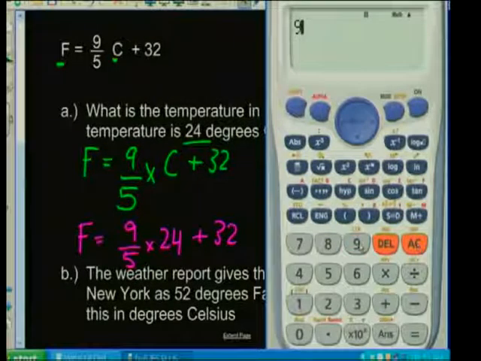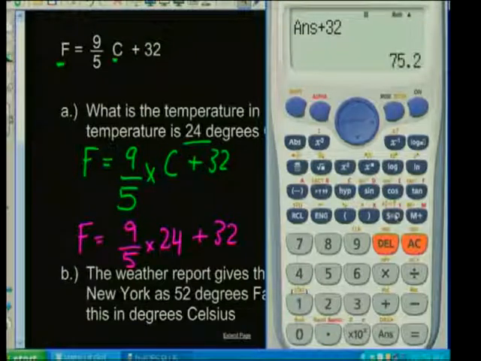I've got a scientific calculator, so that will work with BODMAS. But remember, if you don't, do steps. So let's pretend it's not a scientific calculator. We're going to say 9 times 24. That's my top. Then I'm going to divide it by 5, press equals, and then add the 32.